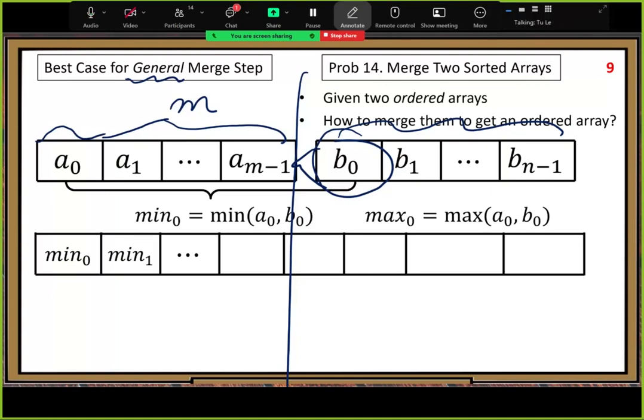Because these elements are already in order, and their positions should be after the positions of all the elements in the A subarray. So you can copy them in place in the destination array without any comparisons. In that way, the number of comparisons you need is m.